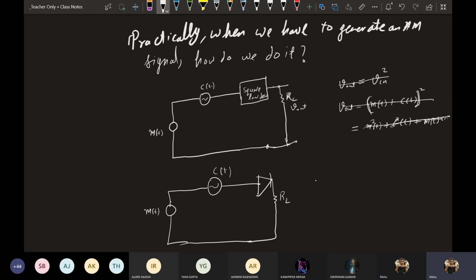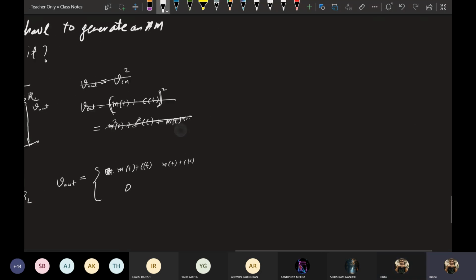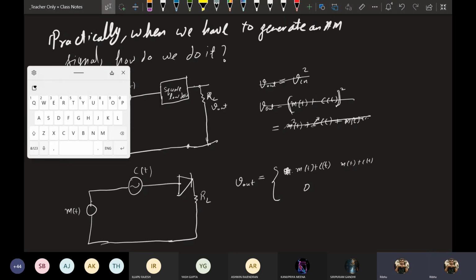So now the output equals m(t) plus c(t) when m(t) plus c(t) is greater than 0.